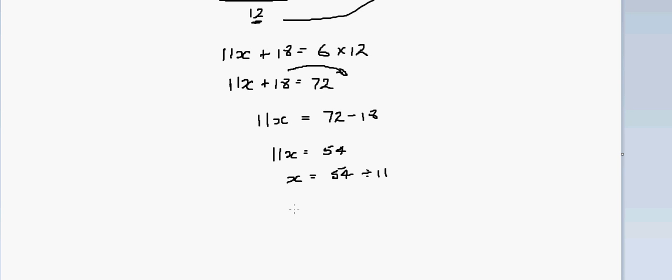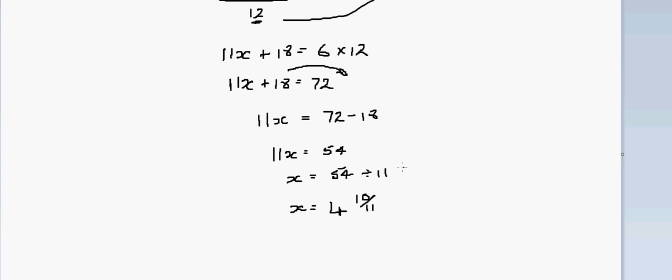So x will equal, now 11's into 54, I know goes 4 times. There's a nice big 4 for you, because 4 11's are 44, which means that there are 10 left over. So we will have 10 over 11.